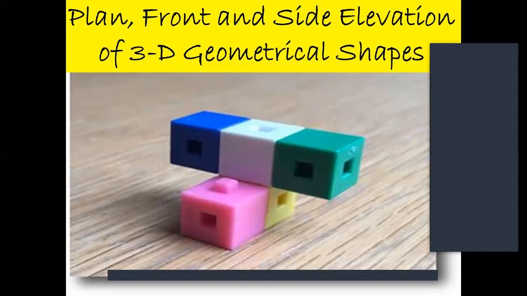When we say plan, that is the top view, or let us call that one the bird's eye view of the shape. So when you are, for example, riding a helicopter and you look down below, you can see the plan of the buildings.